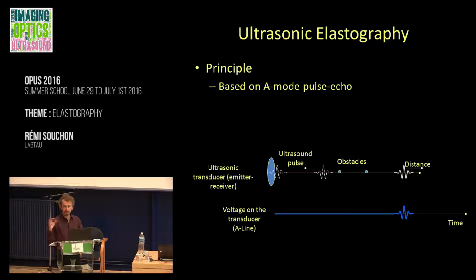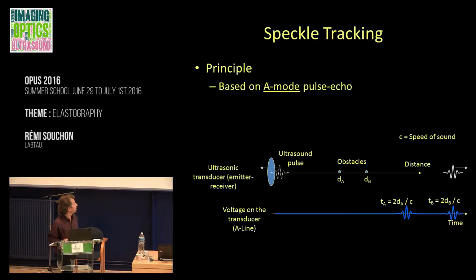So this is down to the very basics of ultrasound imaging. It's just listening to these echoes. And after some time, if I wait a bit longer, I will be receiving the echo from the second obstacle. So I get these 2 echoes on my line. And because we assume we know the speed of sound, and we know the time of arrival, we just measure the time, because what we're listening to is a signal as a function of time.